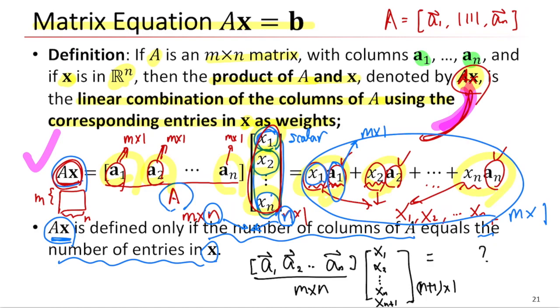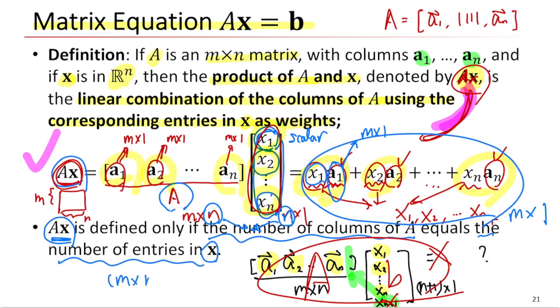We can compute the multiplication of the first pairs, but what about the last entry? There is no remaining column vector, so we cannot compute it. In this case, we cannot multiply this matrix A and vector x. So when computing with an m by n matrix A and an n by 1 vector, these two values n should be the same. Okay, so this is the matrix equation.